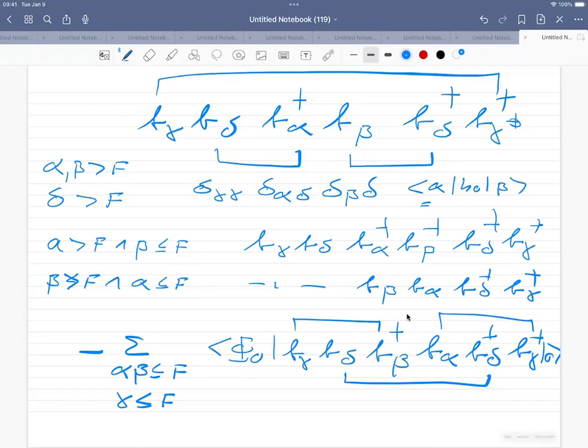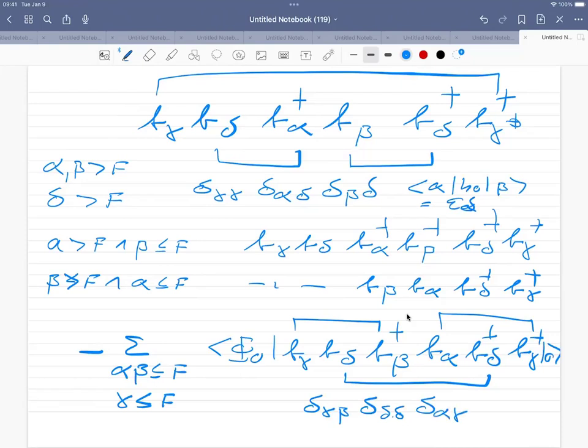So this is going to be equal to an epsilon alpha here, or actually an epsilon delta. So that's a state above the Fermi level. This comes as a state below the Fermi level. So this is going to give us a delta gamma beta, a delta delta delta, and a delta of alpha of gamma.